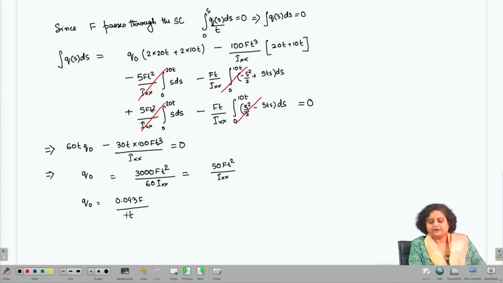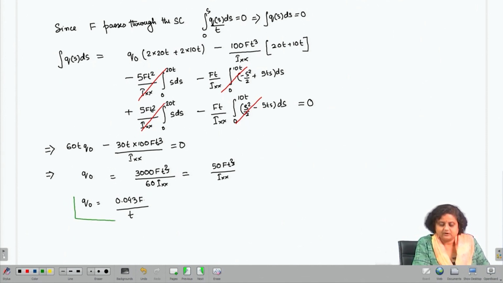Ixx is going to have a t to the power 4 term, so this is going to become t cube. So, this is the solution that we are going to have.